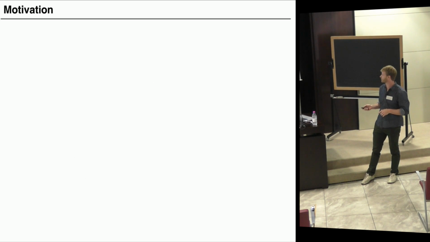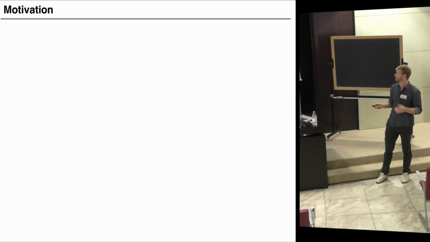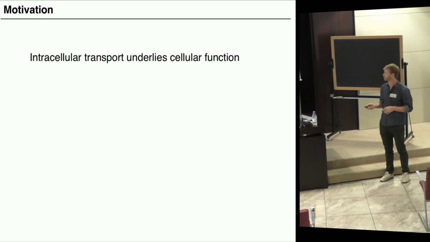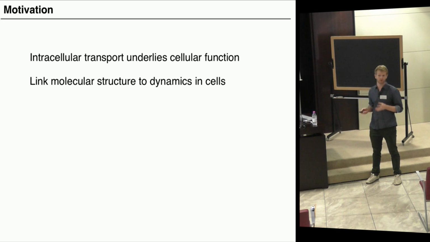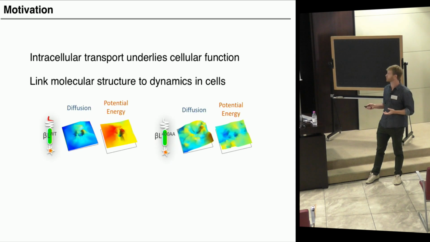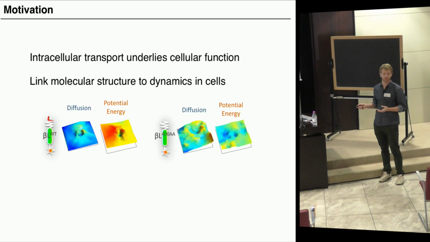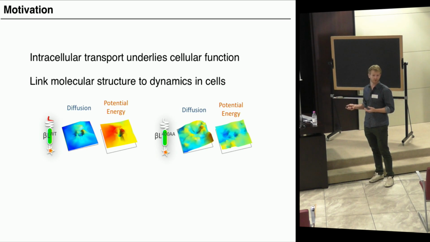First of all, a very quick motivation. We've already seen a lot of applications of this. A nice thing with these live cell tracking experiments is that we can link molecular structure to the dynamics in cells. We can look at biomolecules, we can change the structures we're using, for example changing different base pairs, and then see what happens to the dynamics inside cells. This is the glycine receptor.